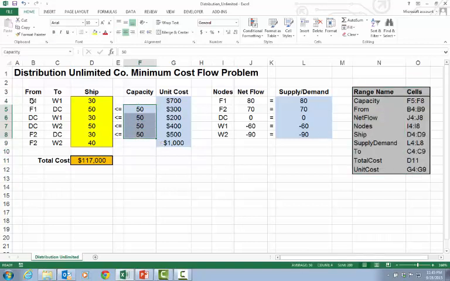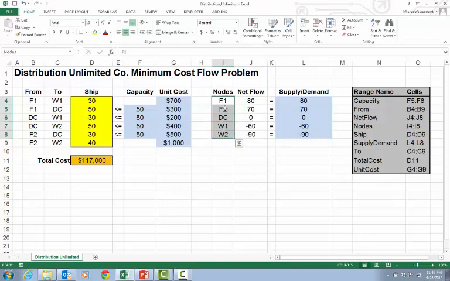We've got the from nodes, that's the list right here, F1 down to F2, which is represented by cells B4 through B9. We've got the net flow in column J. Again, these are all named ranges. We've got the nodes listed in column I.